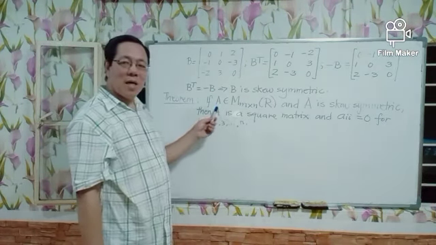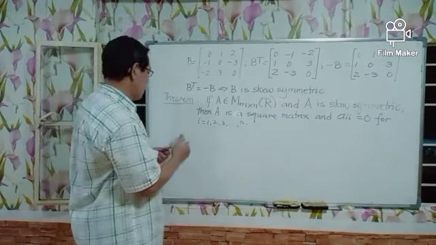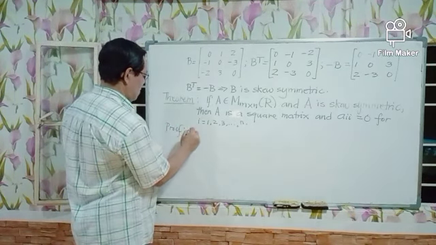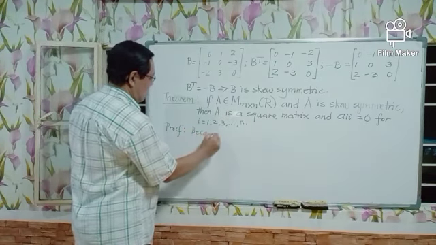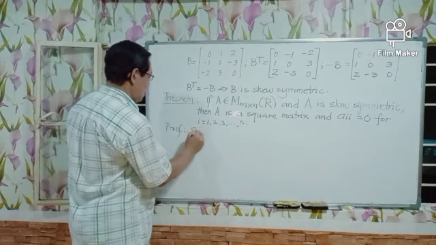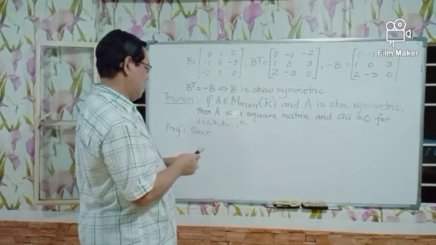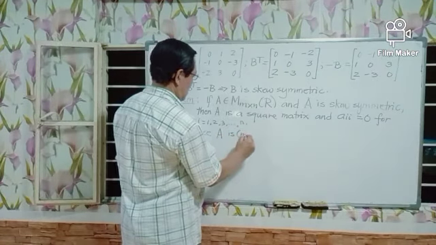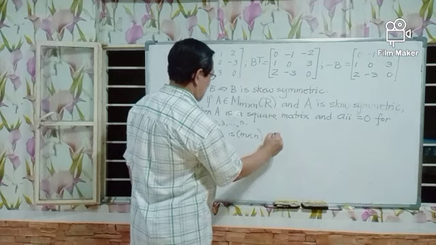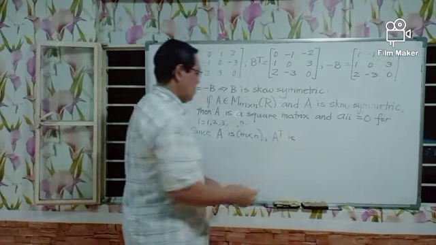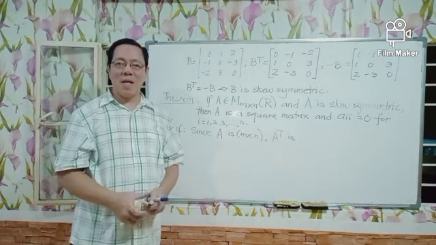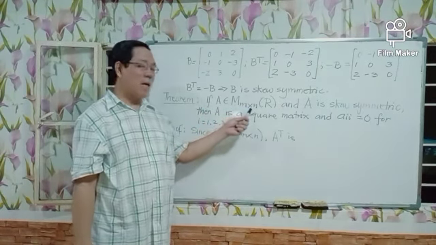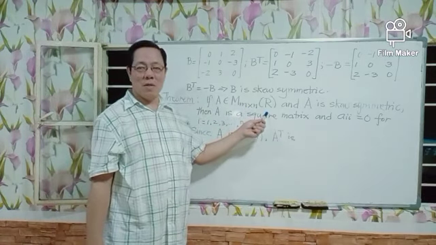We start with A. A is an m by n matrix, because we know that matrix A is an element of the set of matrices with sizes m by n and with entries that are real numbers.